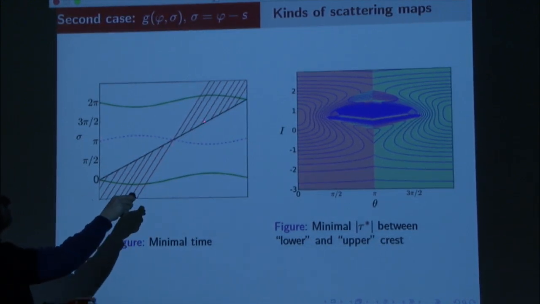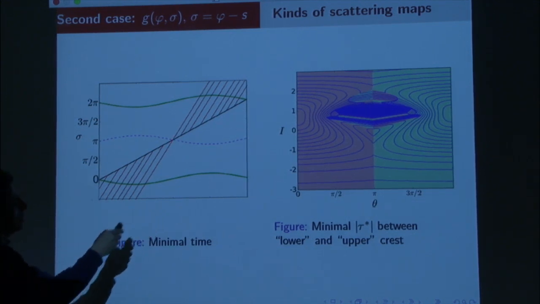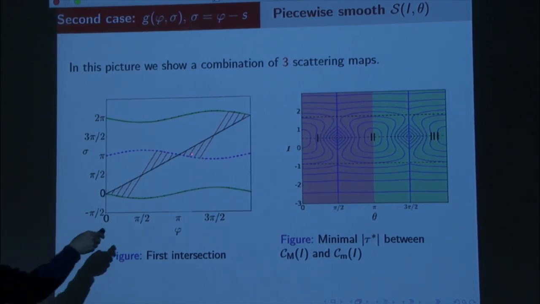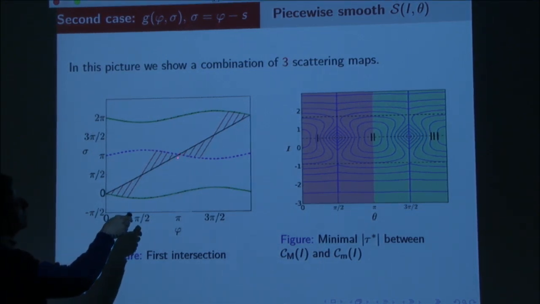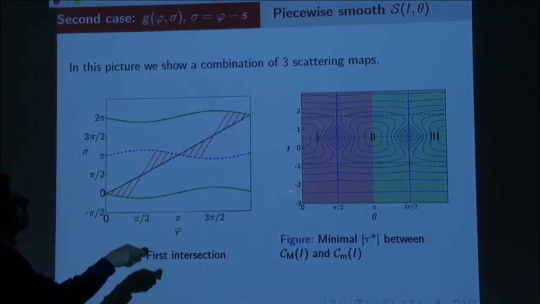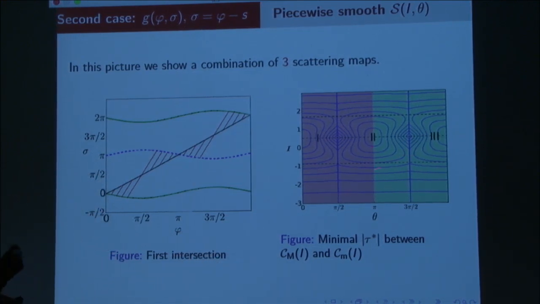Maybe it's better, depending on which part of the diagonal I am, to choose this other crease, and this is the best thing. If I do this, for instance, for the diagonal, if I am closer to this part, I simply always go to the closer crease, and here I get this scattering map. By the way, this is a piecewise smooth scattering map.